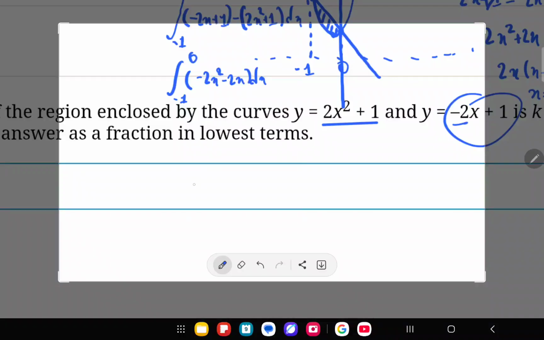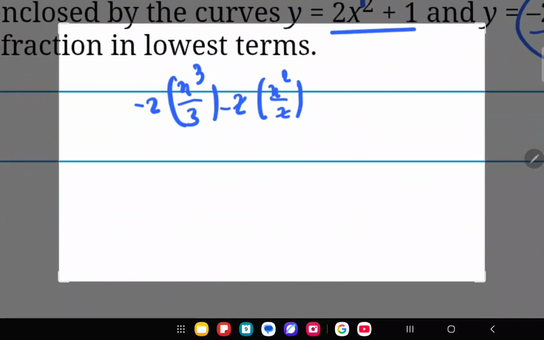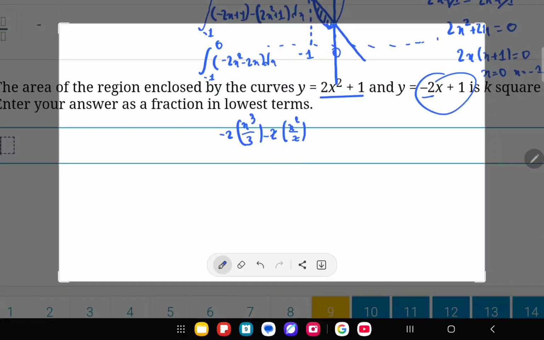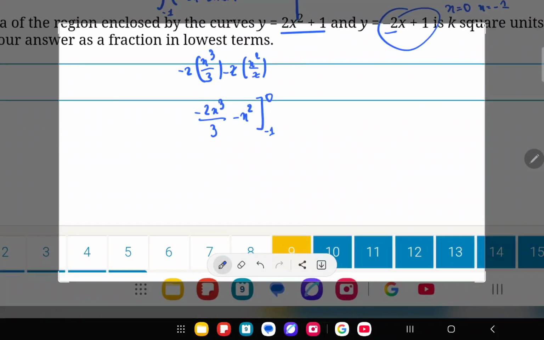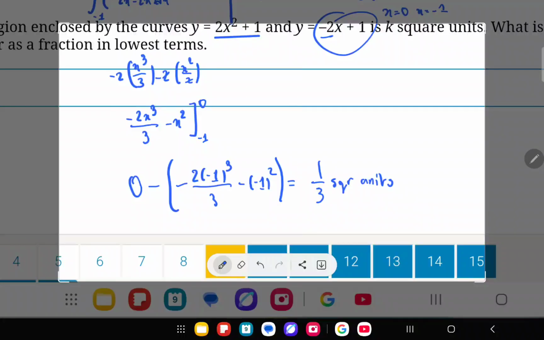We just integrate the insides, easy enough. You get minus 2x to the power of 3 over 3 minus 2x to the power of 2 over 2. Integrated, you get minus 2x to the power of 3 over 3 minus x to the power of 2, and then you put the range values minus 1 to 0, and then you begin to substitute.